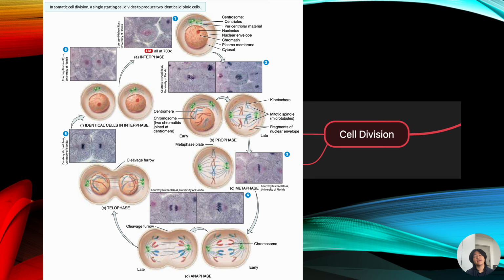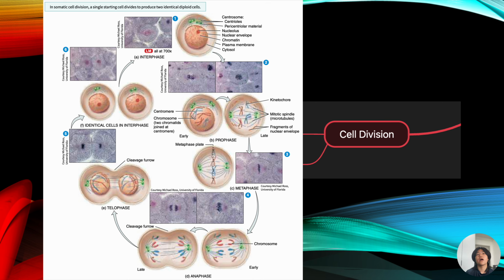Think of the 4 phases of mitosis as PMAT, P-M-A-T, or there's another mnemonic that says Professor met Anna at the telephone. Firstly, we have prophase. In prophase, 2 things appear and 2 things disappear. First, our nucleus disappears. Then our nucleoli, as we talked about, also disappear.